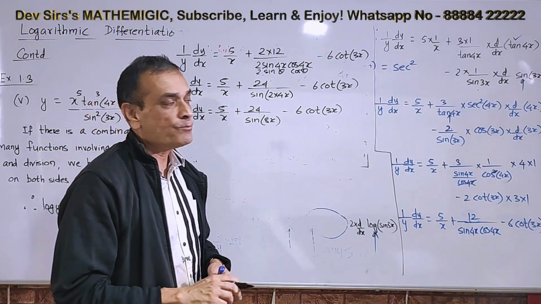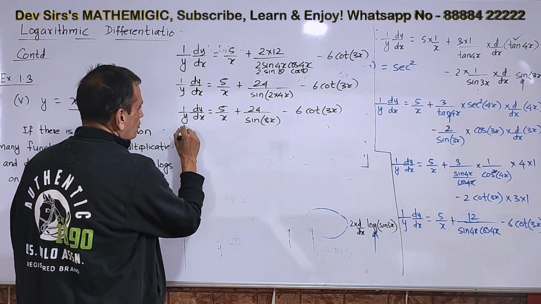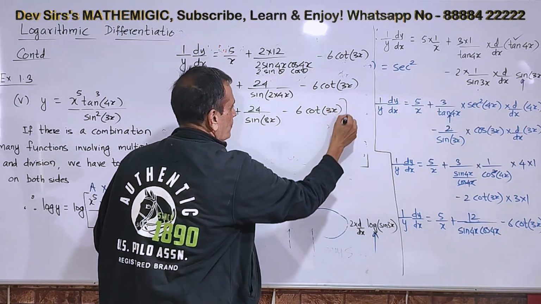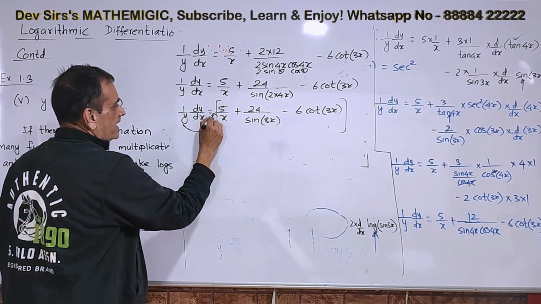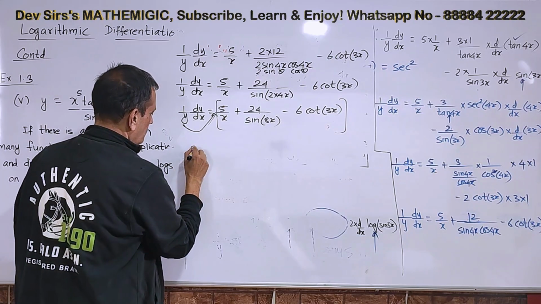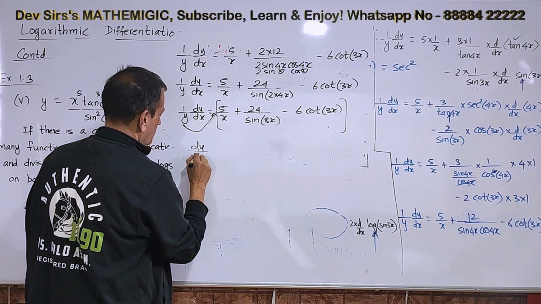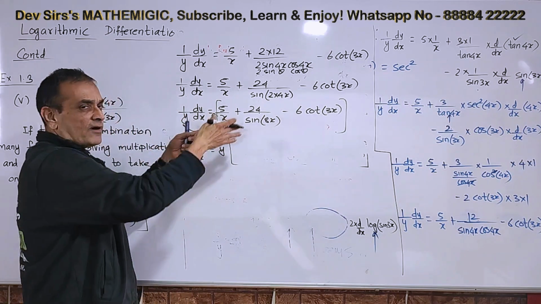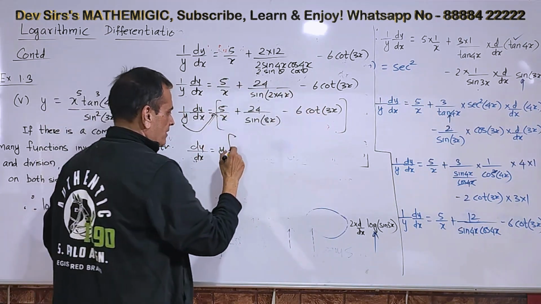So in the last step you have to take y here. You have to transfer y here. Just shift y, brackets have no change.